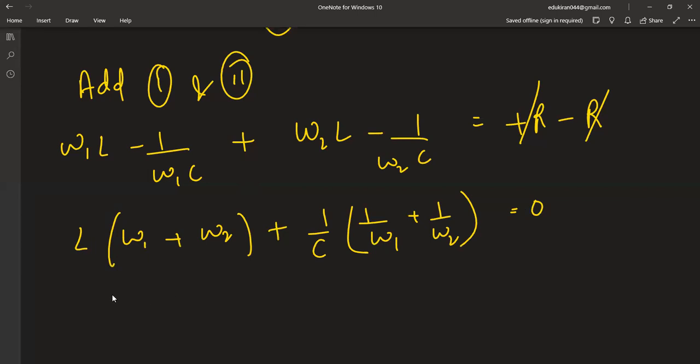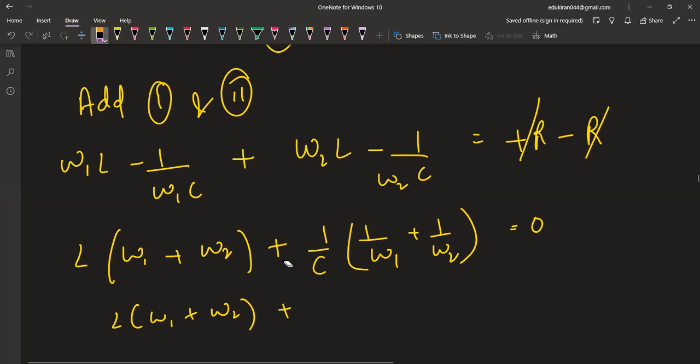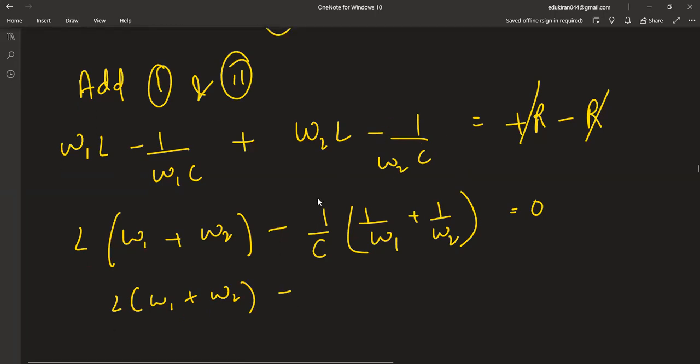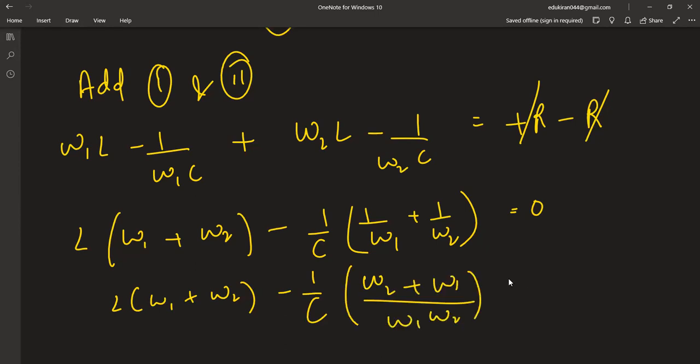So this will be L into omega 1 plus omega 2, minus, not plus, because minus is there, so I have to take minus common. So minus 1 by C. Cross multiply. This will be omega 2 plus omega 1 divided by omega 1 into omega 2 equal to 0.